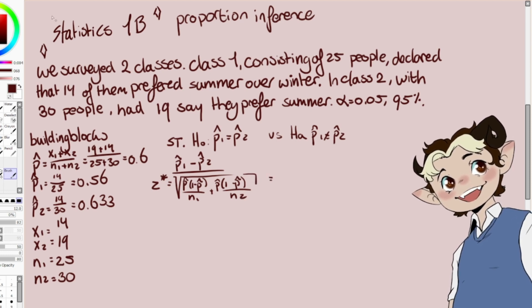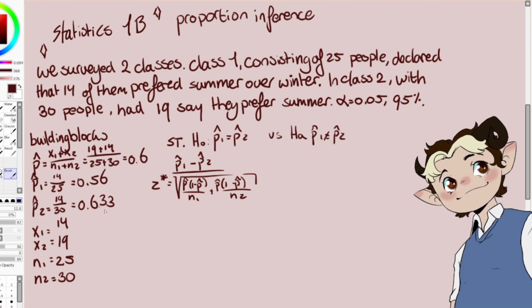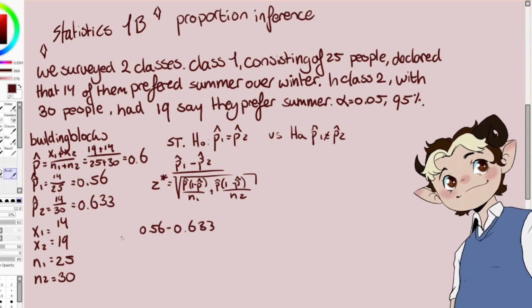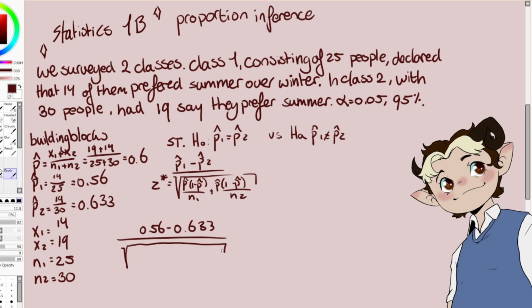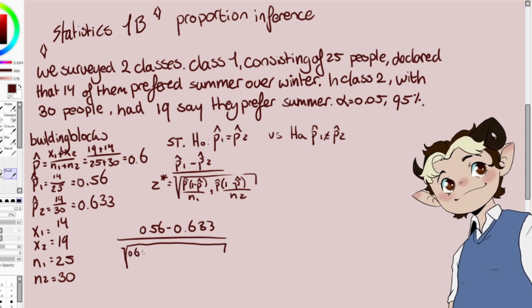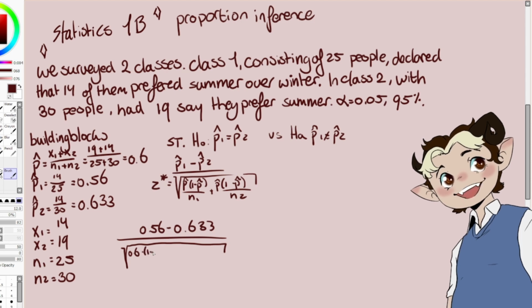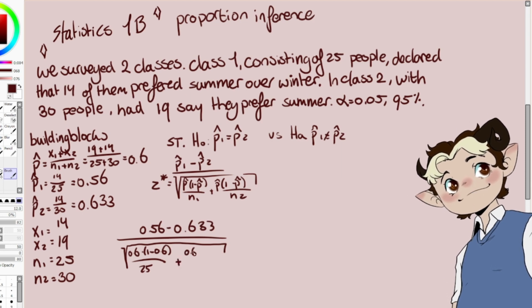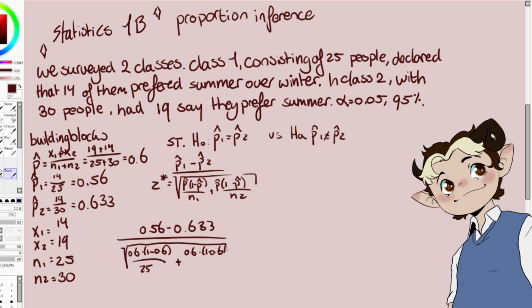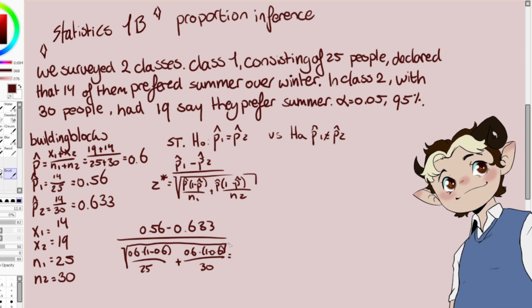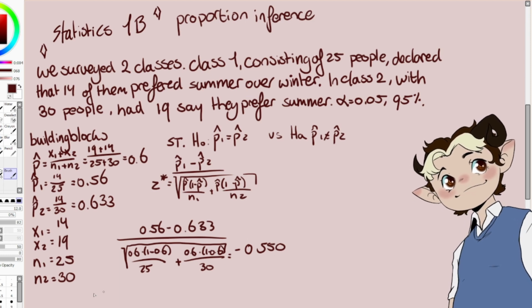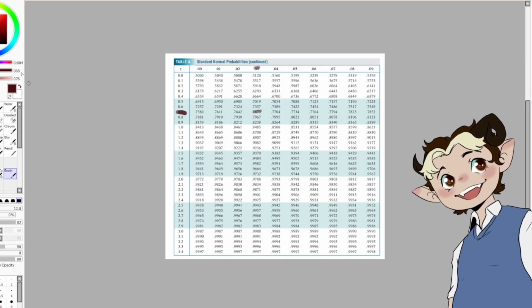And if we plug in those numbers, it would be 0.56 minus 0.633 divided by the square root of 0.6 times 1 minus 0.6 divided by 25 plus 0.6 times 1 minus 0.6 divided by 30, which would give us minus 0.550.